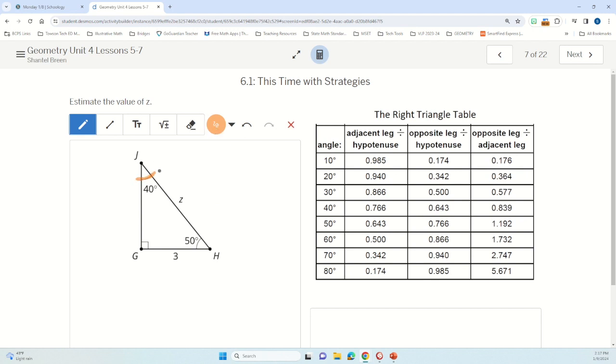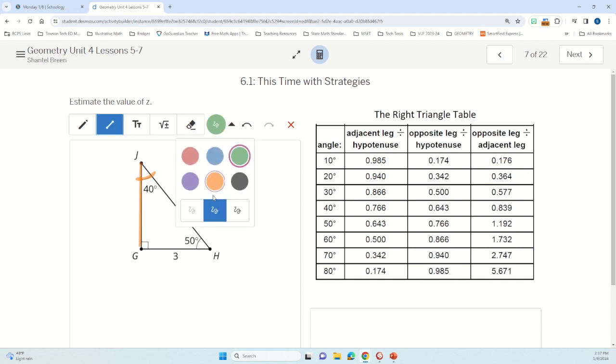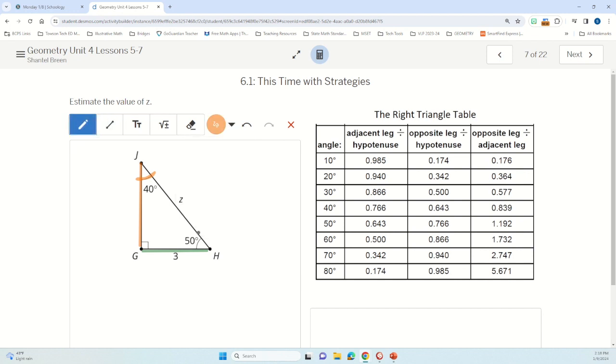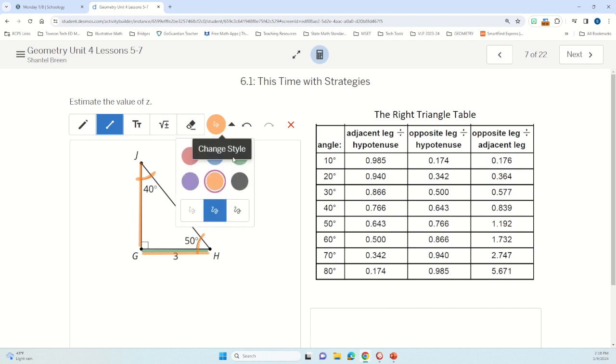If I'm looking at the 40-degree angle, this is the adjacent, and this is the opposite. But if I'm looking at the 50-degree angle, it's reversed. The 3 is the adjacent, and the other one that we don't know is the opposite.